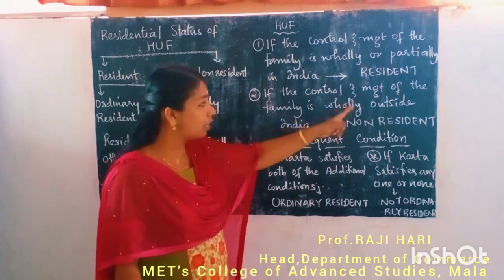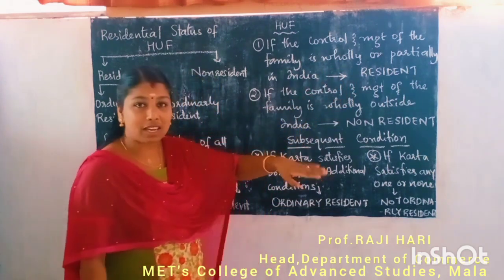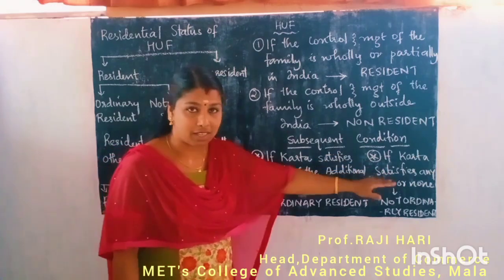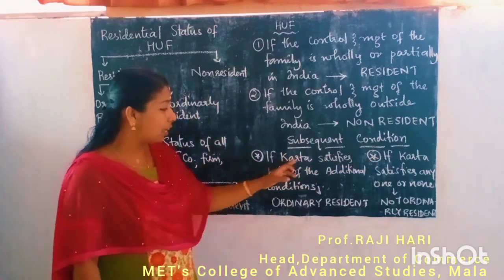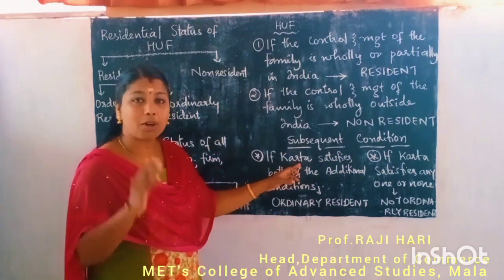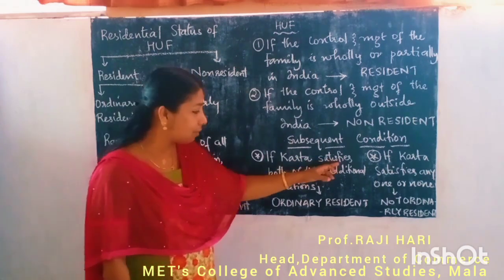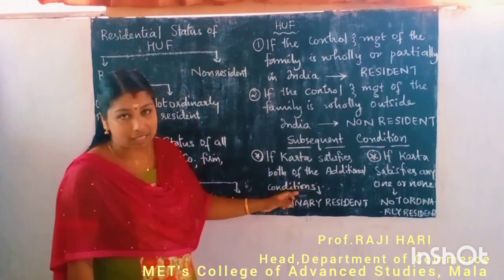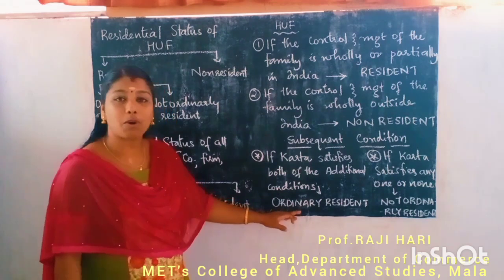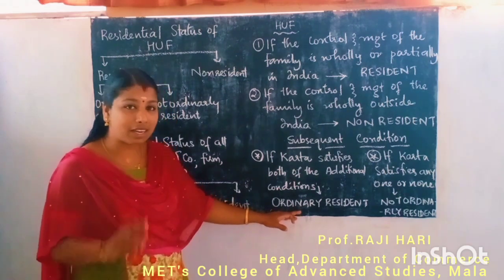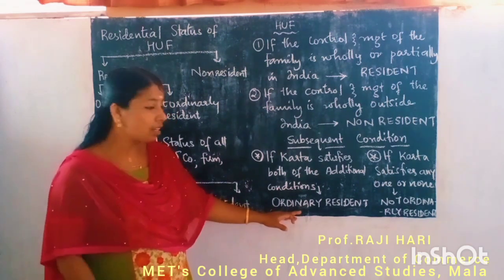So, for a resident family, again we check whether it is ordinarily or not ordinarily resident. If the Karta or Karanavar or manager of the family satisfies both of the additional conditions, that family is ordinary resident. What are the additional conditions?